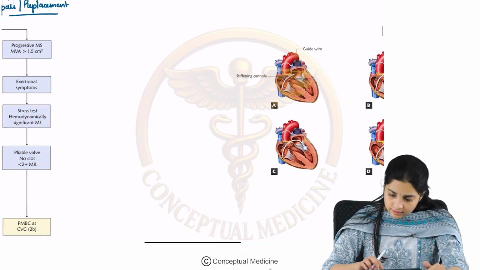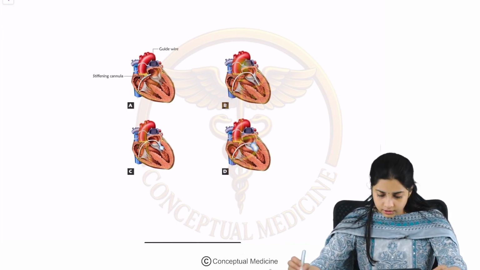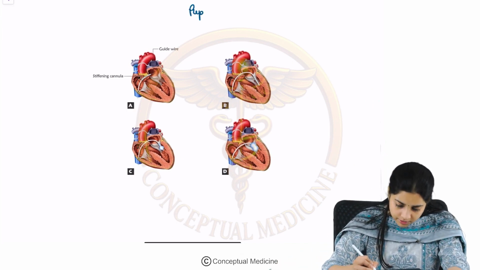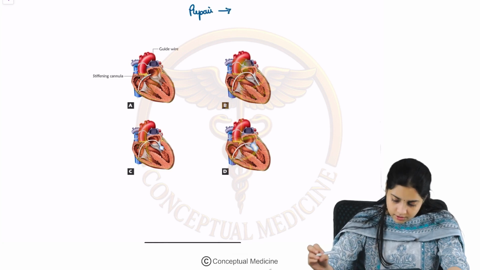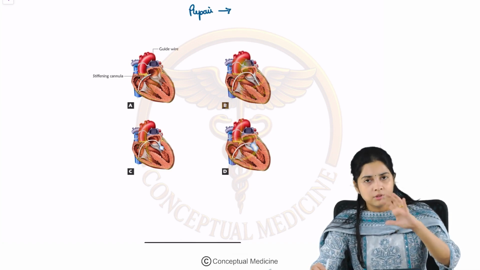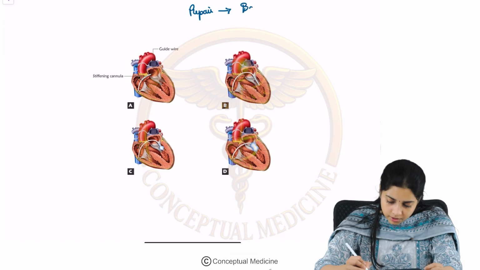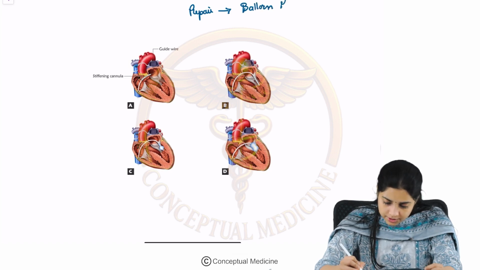Let us just understand this with the help of this diagram. So what is shown here? This is what is known as your mitral valve repair, which is not called a repair as such. The reason why we are saying this is because you do not have an external valve replacement. This is your balloon mitral valvotomy.